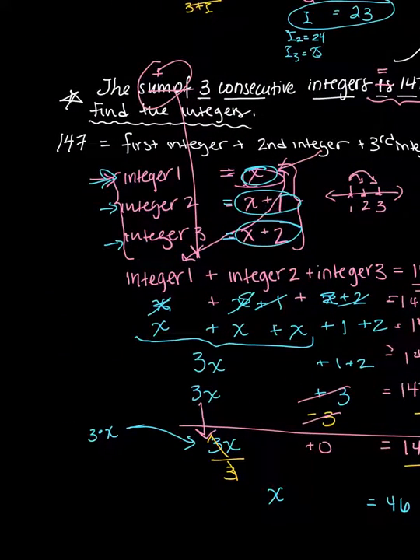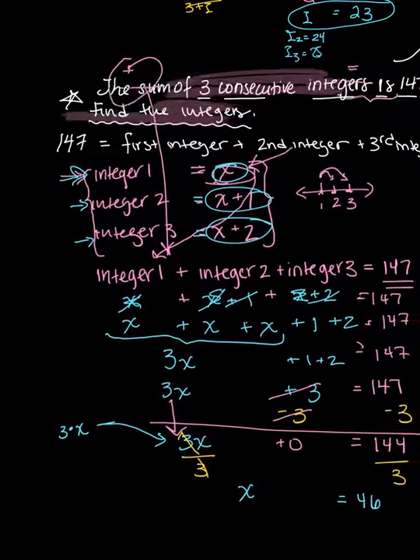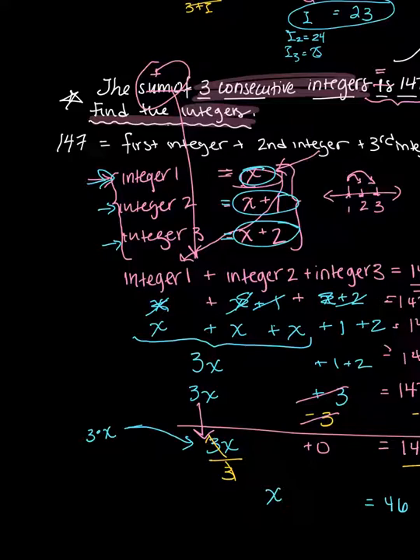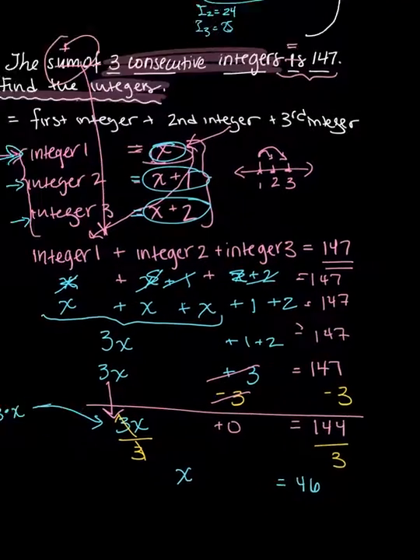My question was asking me to find the integers, plural. I had to deal with all of them. I wanted the 3 consecutive integers. So for me to find the 3 consecutive integers, I'm going to have to plug this back in.